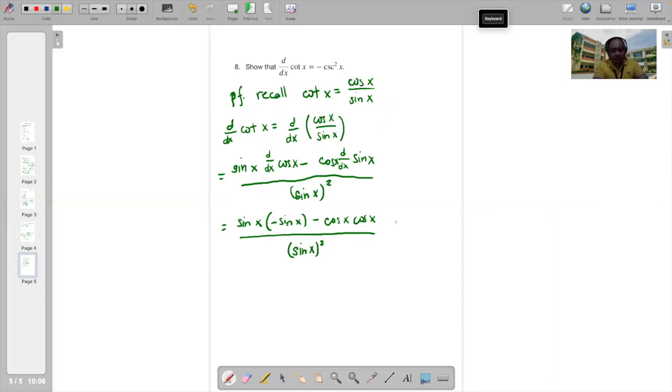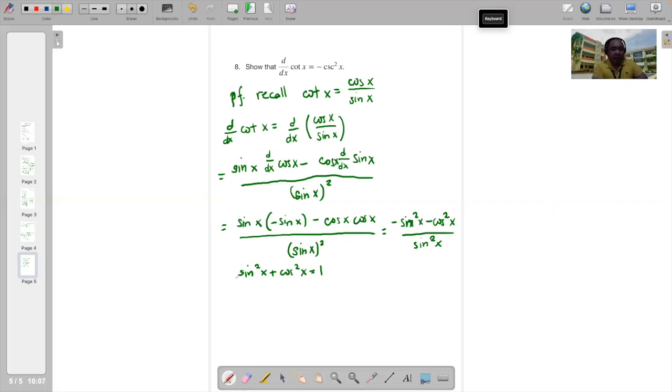Now, this is negative sine squared x minus cosine squared x, all over sine squared x. I think I recall the identity: sine squared x plus cosine squared x is 1.